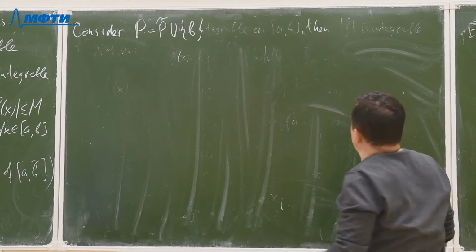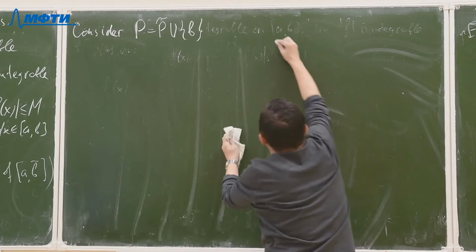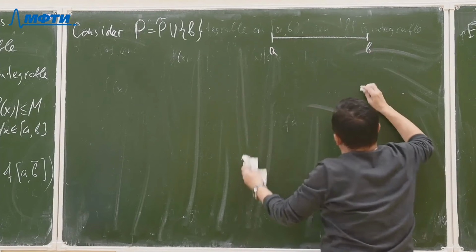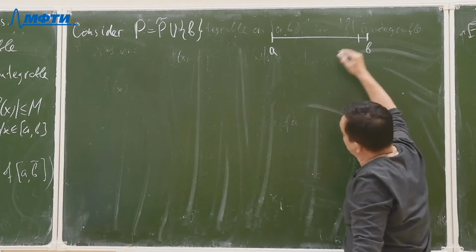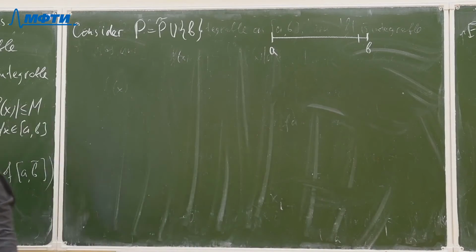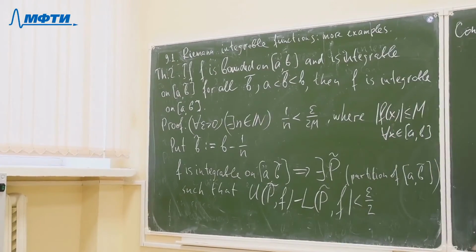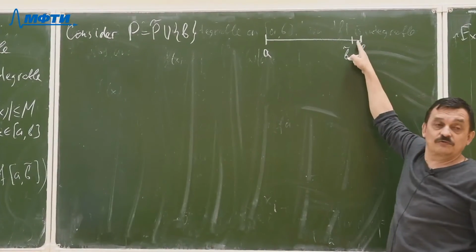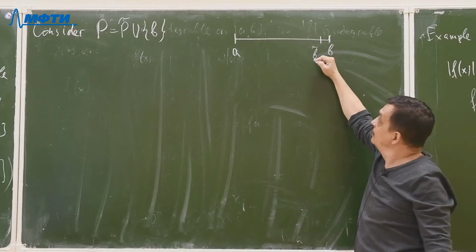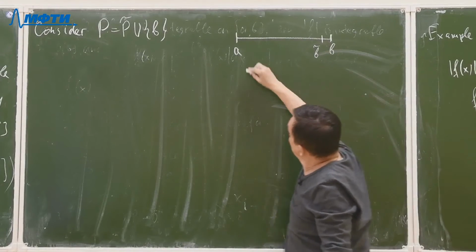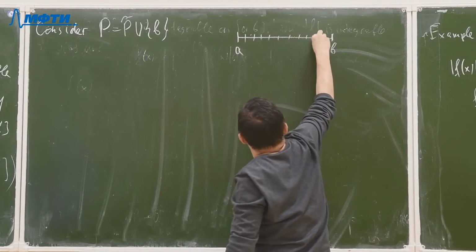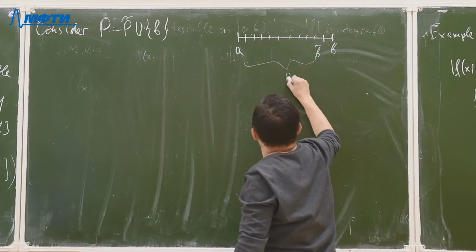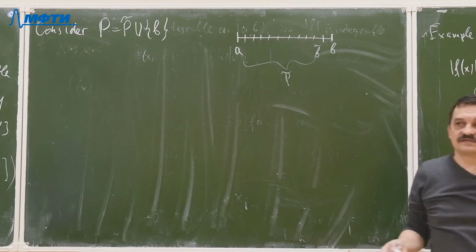So what happens? Look, we had our interval [a, b], right? We shift a little bit. That is b tilde. Here the difference is 1 over n. Then here we have partition P tilde, this set of points.